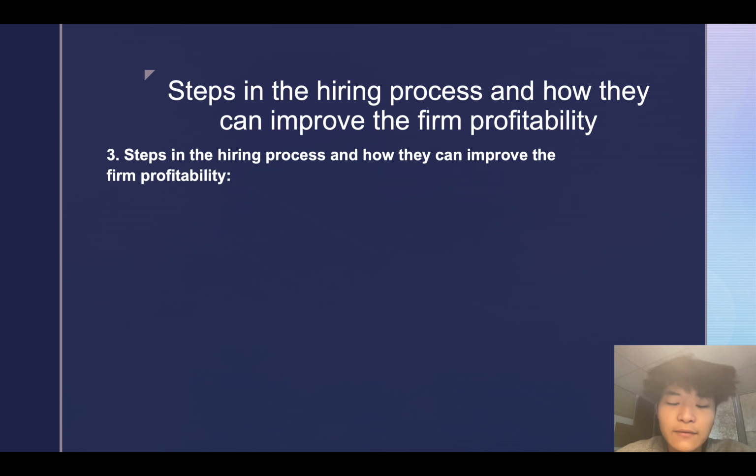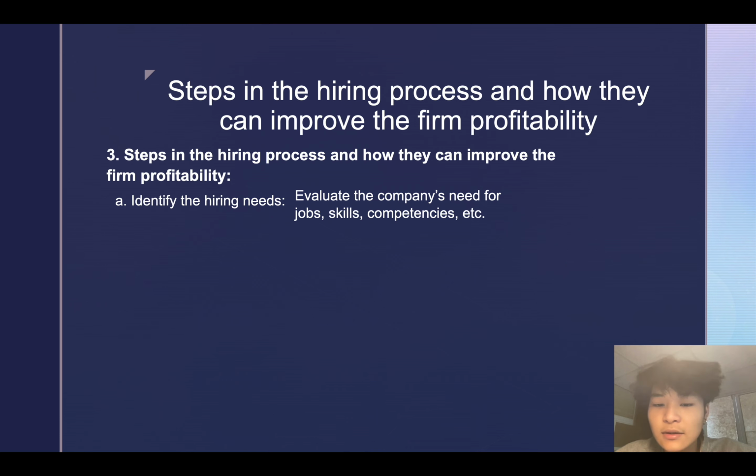So the very first step of the hiring process is to identify the hiring need. Which basically means the HR team will have to evaluate the company's needs for jobs, skills, competencies, etc. So they will know what job positions and skills the company expects from the candidates.